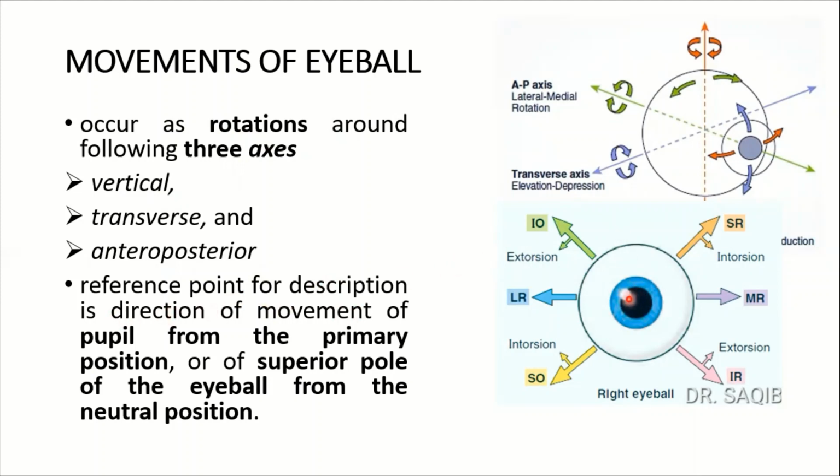One reference point is the pupil, movement of the pupil, right? When the position is neutral, another is this upper pole of the eyeball. Just two points, you can take any one of those as the reference point for the movement of the eyeball, extraocular muscles being in action.